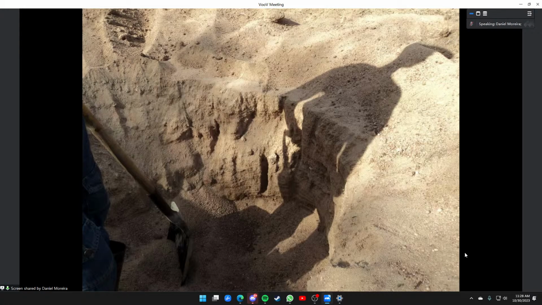So here is an example of the trail left by one of the animals. Let's see. Laser pointer. Okay. So here we see the trail left by estivating frogs. So as the dry season advances, animals burrow deeper and deeper.